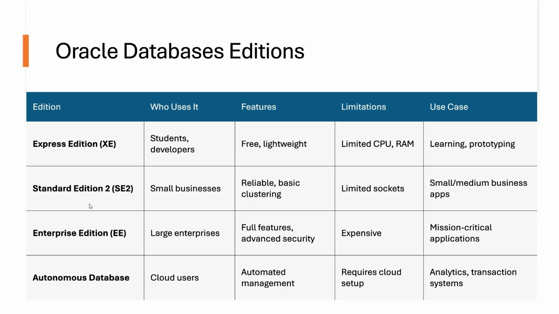Before I talk about the enterprise edition, any other questions? Yeah, go ahead. When you talk about socket, what do you mean? CPU socket, it is in the hardware. Every motherboard will have a socket to hold the CPU, and the CPU will have multiple cores.